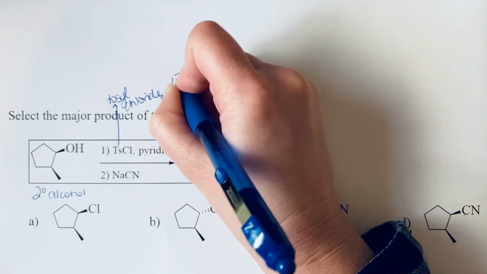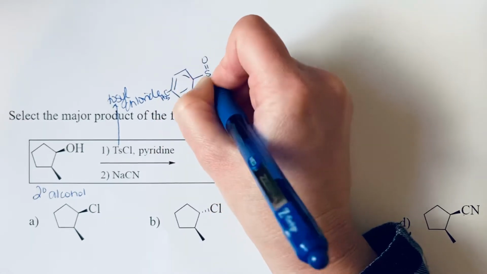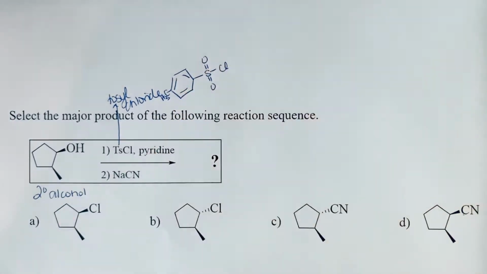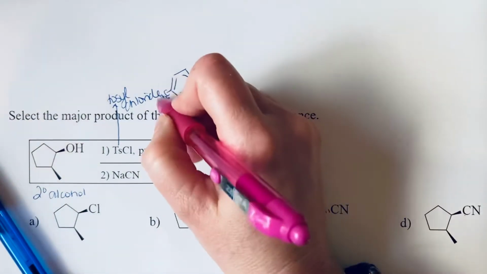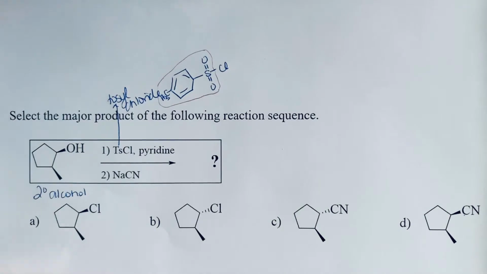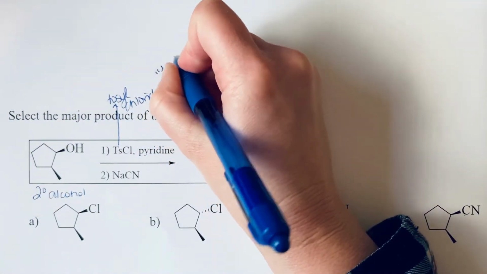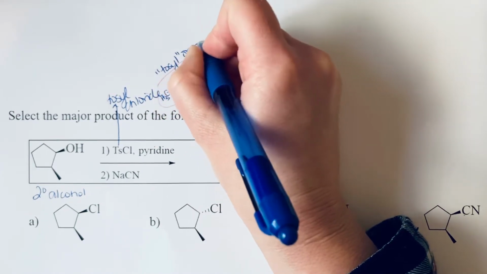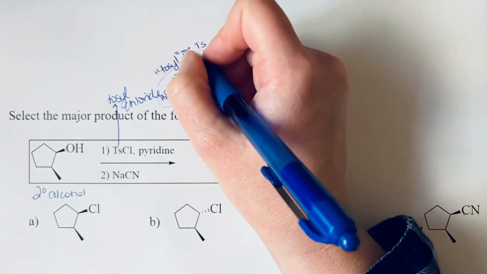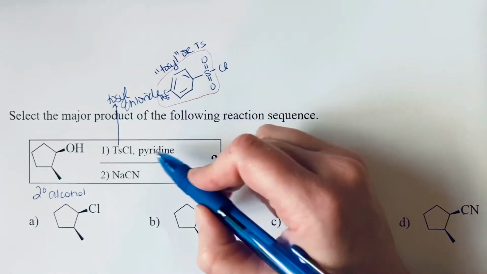So we've got a methyl group on one side of a benzene ring, and directly opposite, we've got this sulfonyl chloride. So this portion of the molecule here is the tosyl portion. Or abbreviated Ts, again for para-toluenesulfonyl, and then the Cl would be chloride.